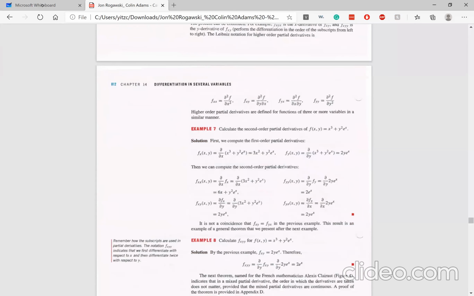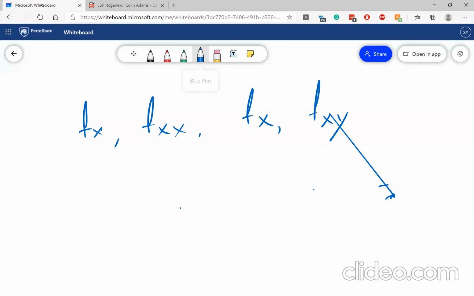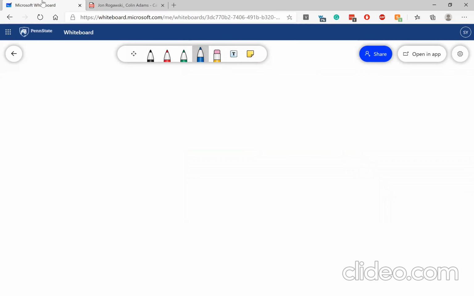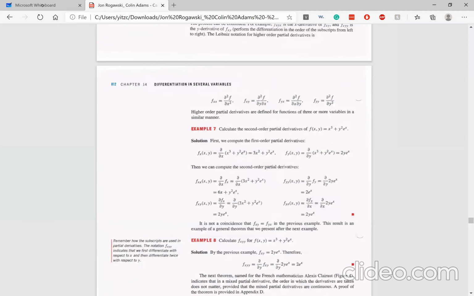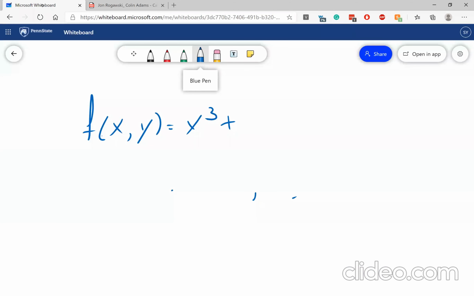So they want us to calculate all the second partial derivatives of this. f of x, y is equal to x cubed plus y squared e to the x. So what are all the partial derivatives of this?